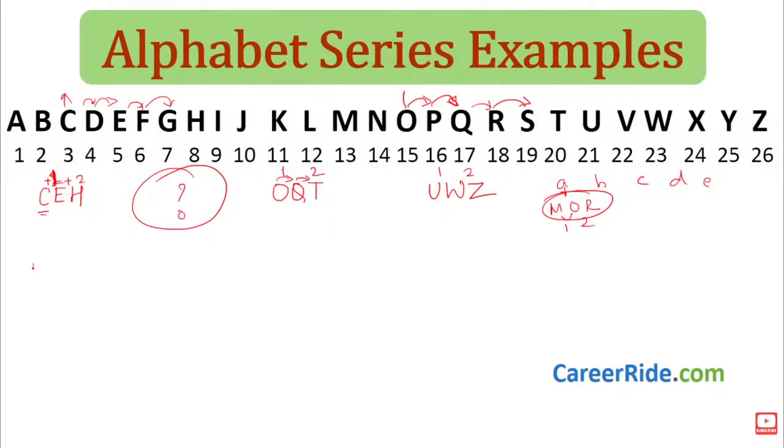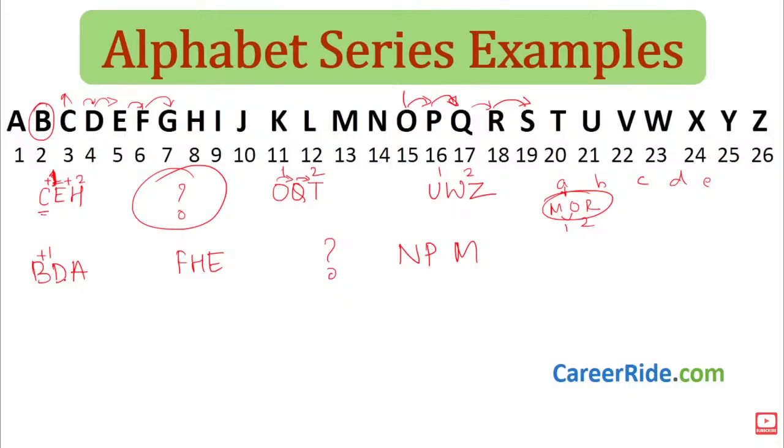Let's take another example. B, D, A, F, H, E, then question mark, then N, P, M. Now over here B and D, what is the difference? B is over here, B and D, difference is 1. So there is only one skip, C has been skipped.